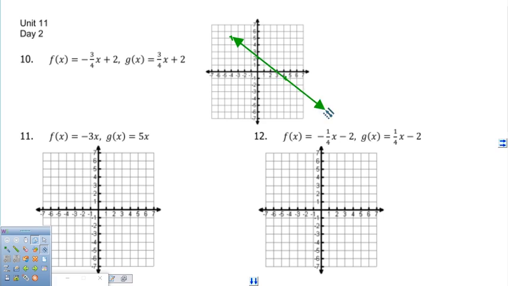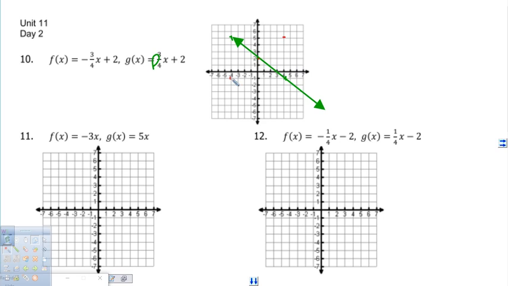Okay. Now we got to draw the same line. Okay. Only thing that changed is the fact that it's not negative anymore. So we're going to start off at 2, and we're going to go up 3, 1, 2, 3, over 4, right there, and down 3, left 4.